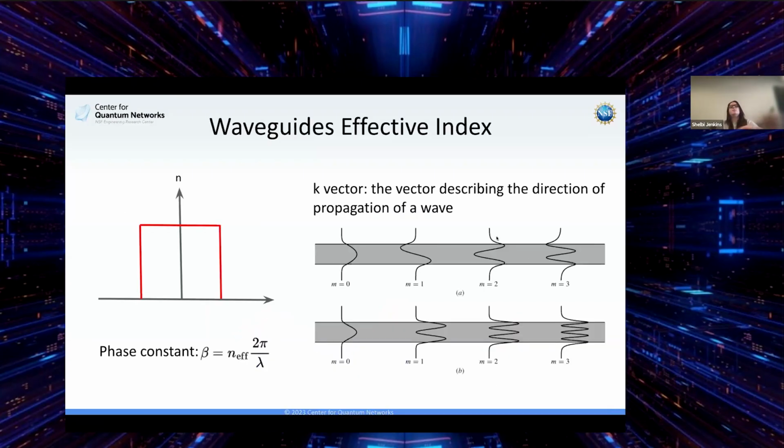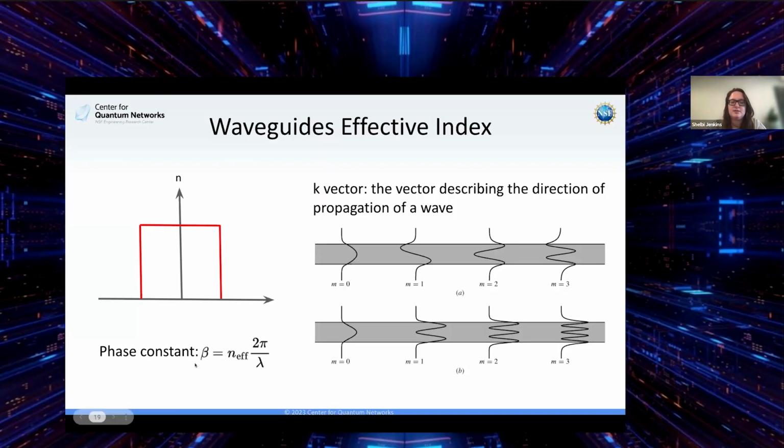One of the defining characteristics of a waveguide is called the effective index. Again, we're not going to do the derivation, but it's related to the index of your core, your cladding or outside material, the dimensions of your waveguide, and the symmetry. Essentially, the effective index gives us information about our propagation constant.